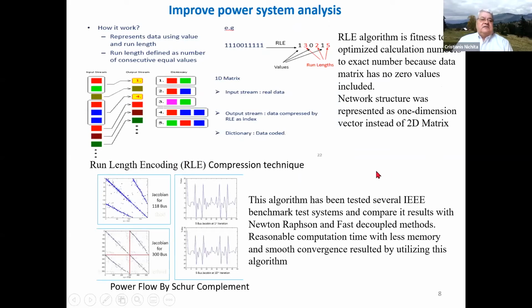in this slide, we show that we can use the famous, well, we can say the Schur complement.